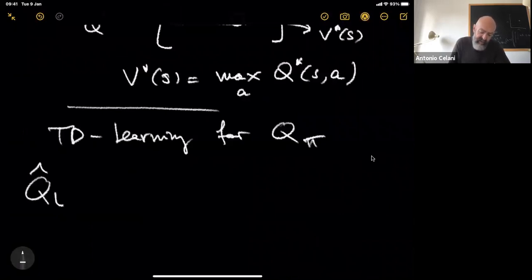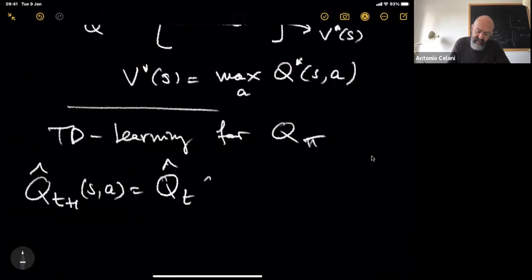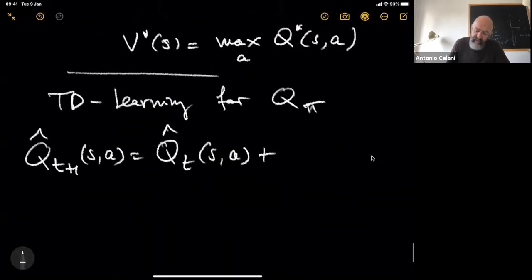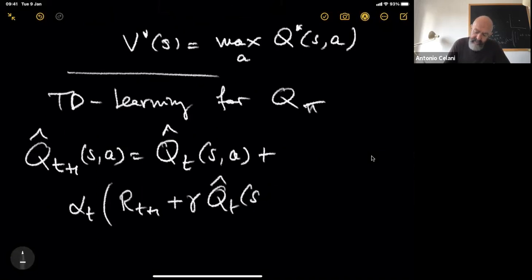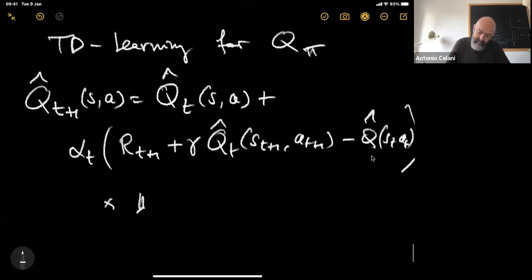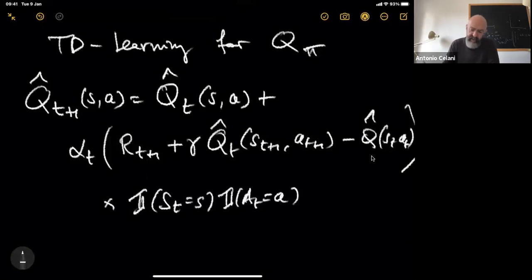But I will just give you the bottom line, which is that you can update your Q function at each step according to a rule which is very resemblant of the one for the value function, only that there are two important changes.